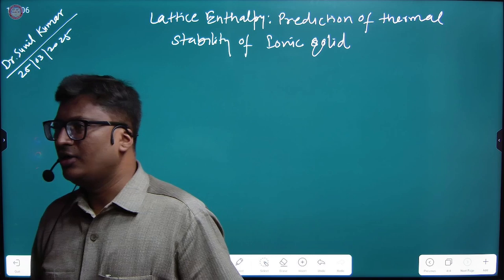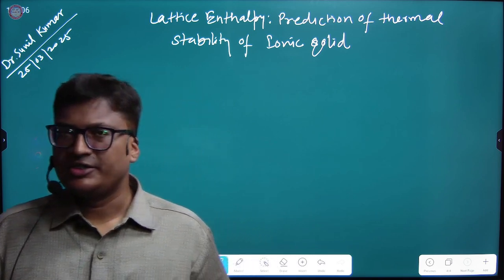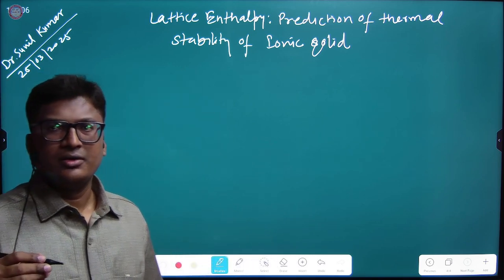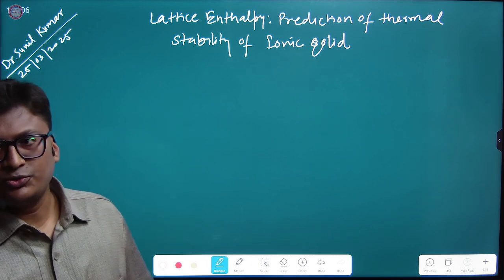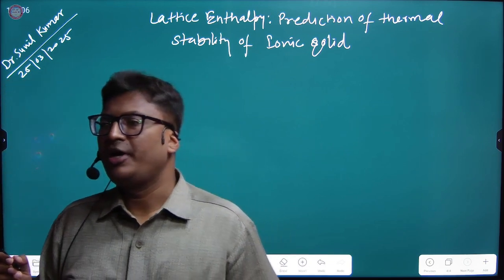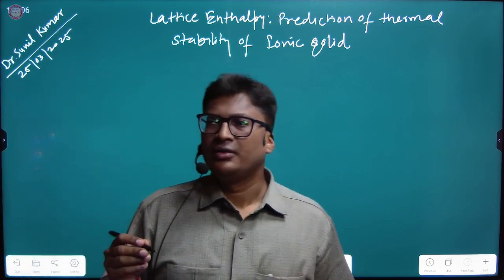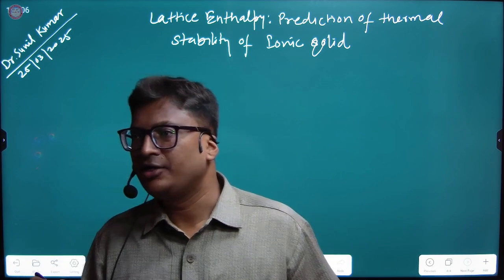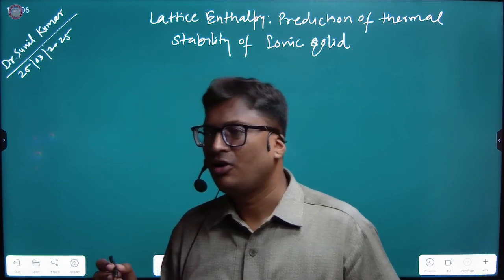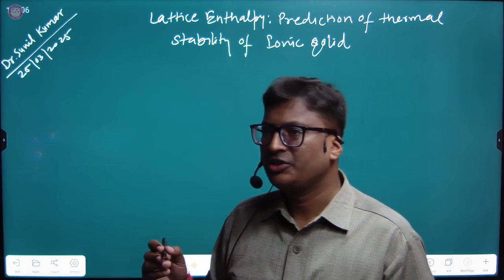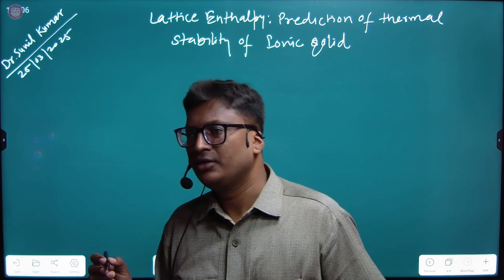Right? In the earlier lecture, we discussed in what way the Kapustinskii equation is useful to predict the lattice enthalpy of an ionic compound theoretically, when the exact lattice structure or crystal structure is not experimentally determined.